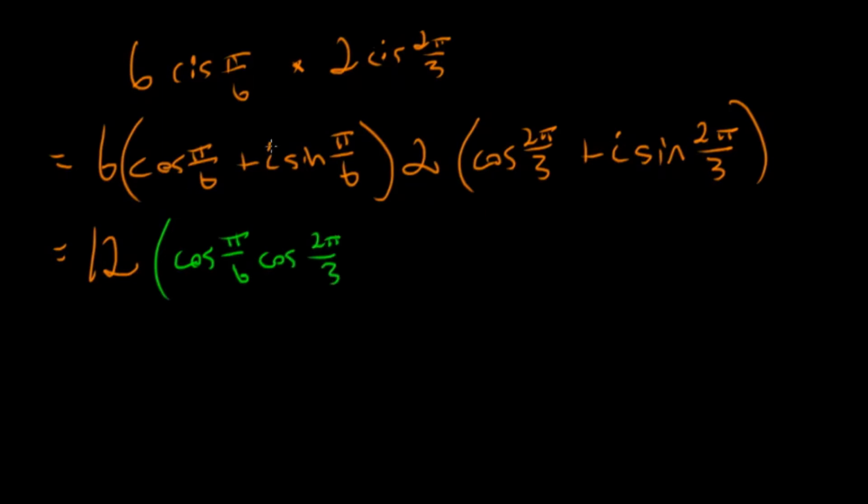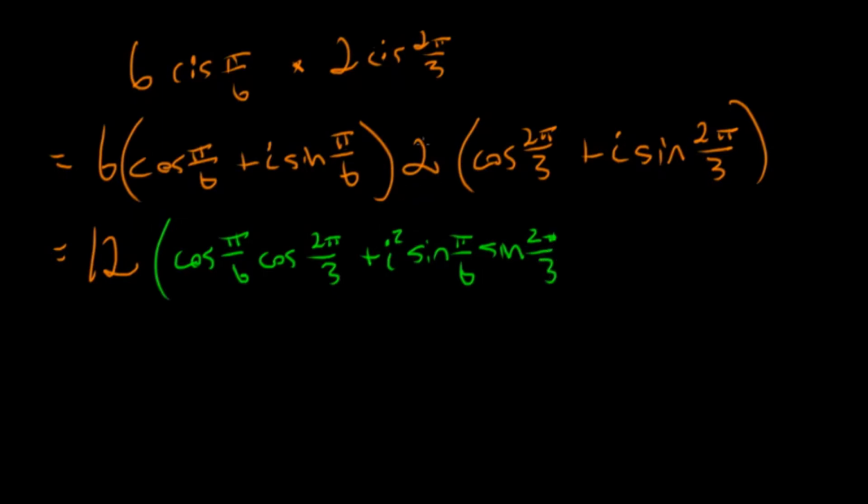All right. And then let's go ahead and get the other real parts. So I sine pi over 6 times I sine 2 pi over 3. That's going to be I squared. I'm going to go ahead and write -1. And I'm going to keep this going. We have I squared, and then we have sine pi over 6, sine 2 pi over 3.